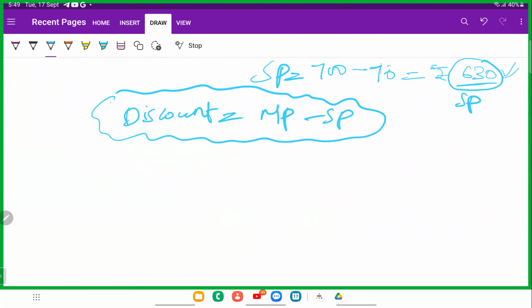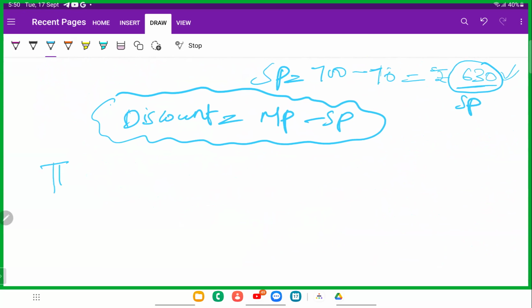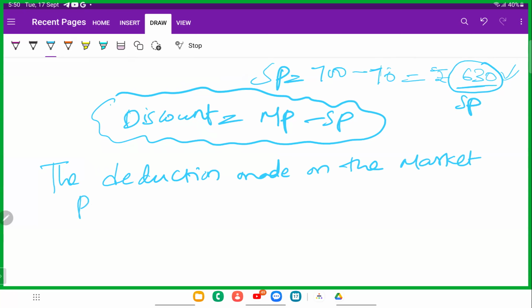The deduction made on the market price is called the discount.